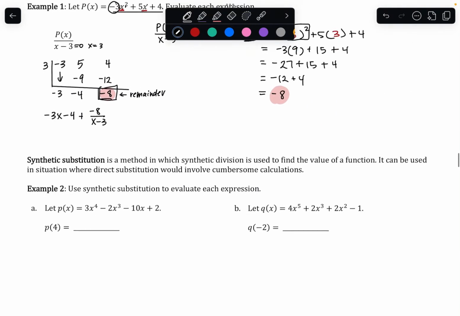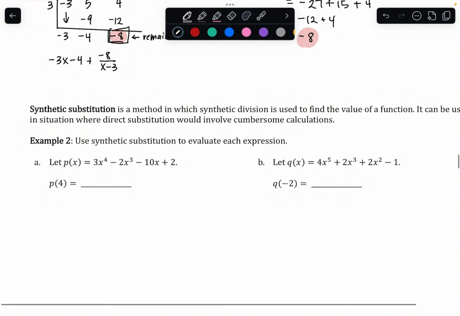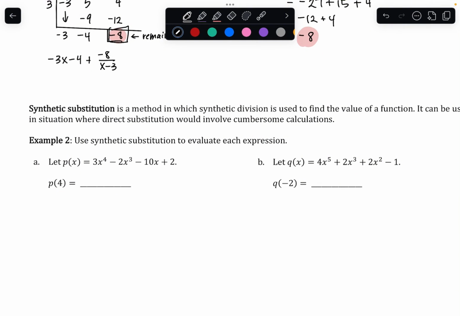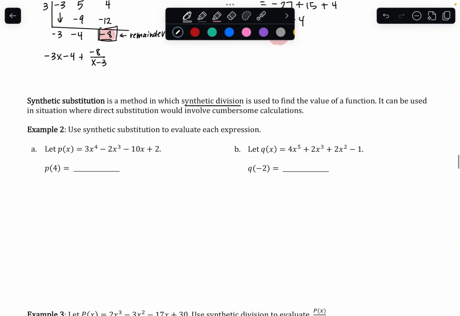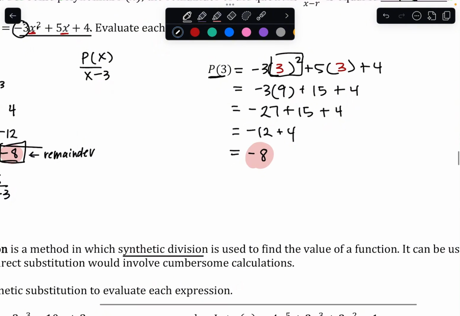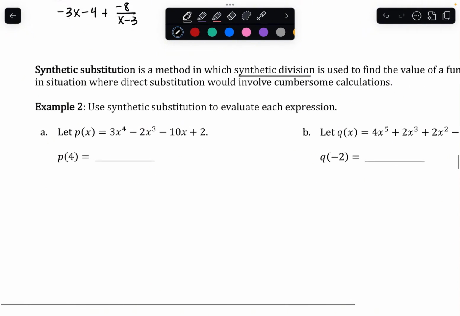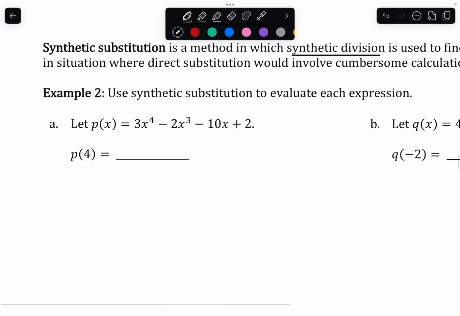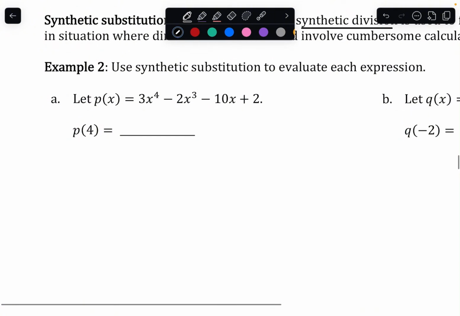Okay, and so using this idea, we can do something called synthetic substitution, and it's a method where we use synthetic division to find the value of a function. It's helpful when trying to evaluate this function. Sometimes these numbers can get very large depending on your degree. For example, this isn't too bad, but you can see how it could escalate very quickly. If I'm trying to find p of 4, I can use synthetic substitution.